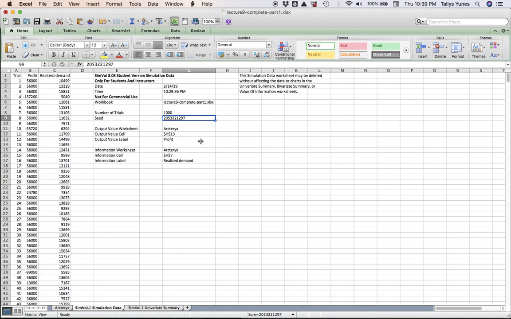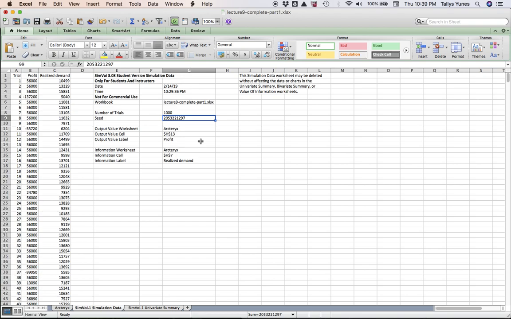So if I feed the simulator the same seed to start with, the random outputs it produces will be the same each and every time. If you want variability, then you just run the simulation without changing the seed, because each time you pull up the simulator, it throws in another seed that's different from the previous seed.